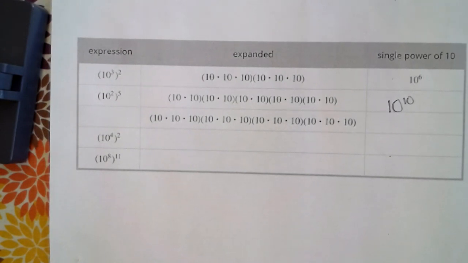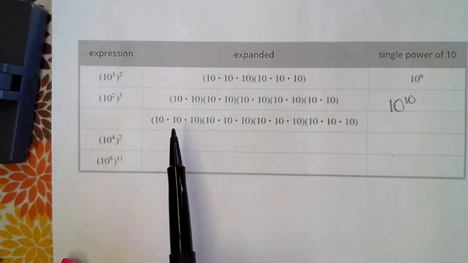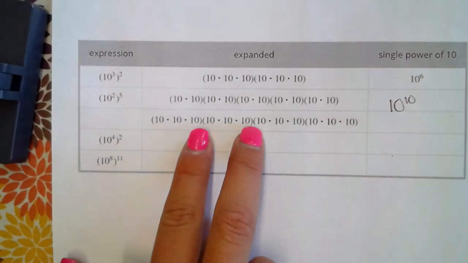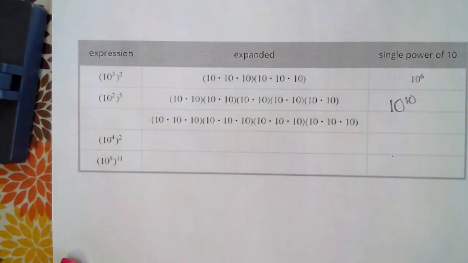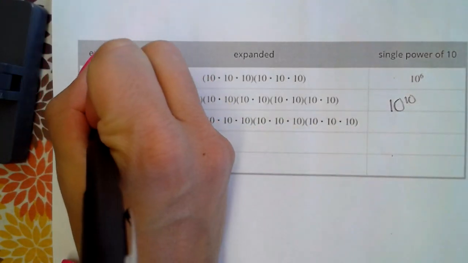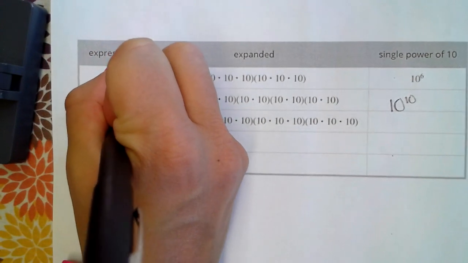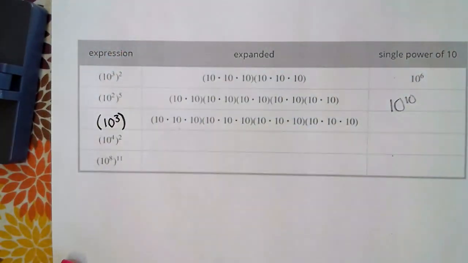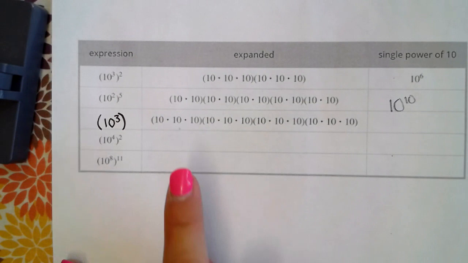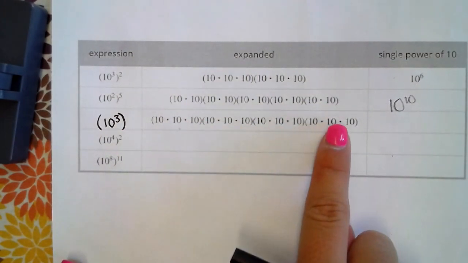Now this next one, if you've figured out what's happening already, feel free to go on your own. Otherwise we're going to keep going. So this one, we have chunks of 10 to the third. So 10 to the third is what's being multiplied. Now we just have to see how many times it's being multiplied. I have 1, 2, 3, 4 of them.